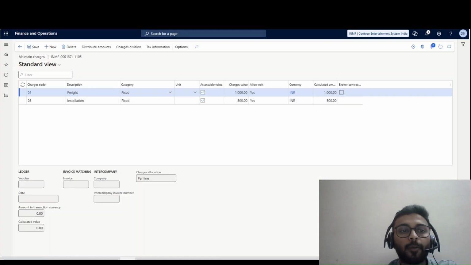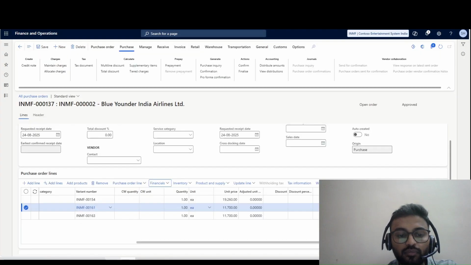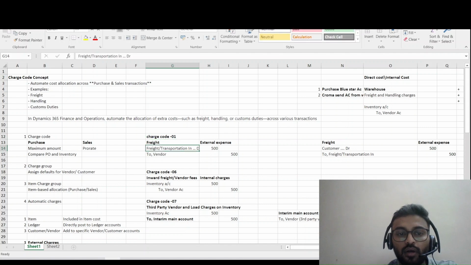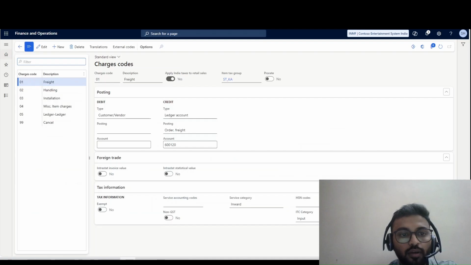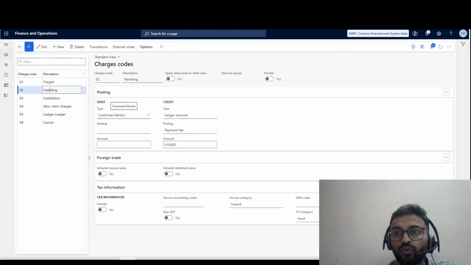And now this is the example of my external charges, right? So in charge code, if you see here, there is a ledger account in 01 charges, and in 02 charges also.